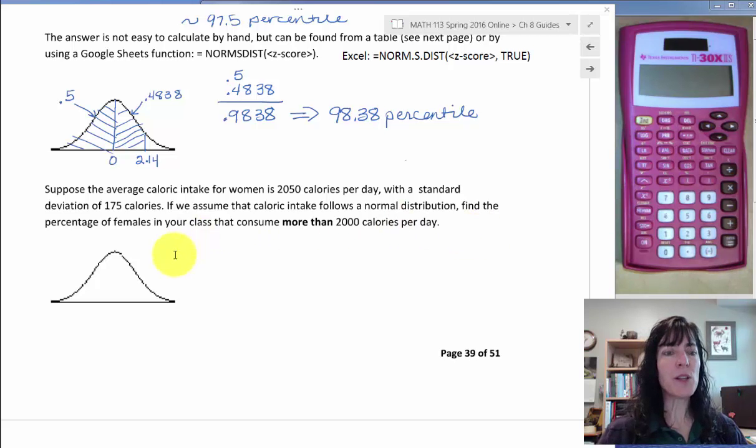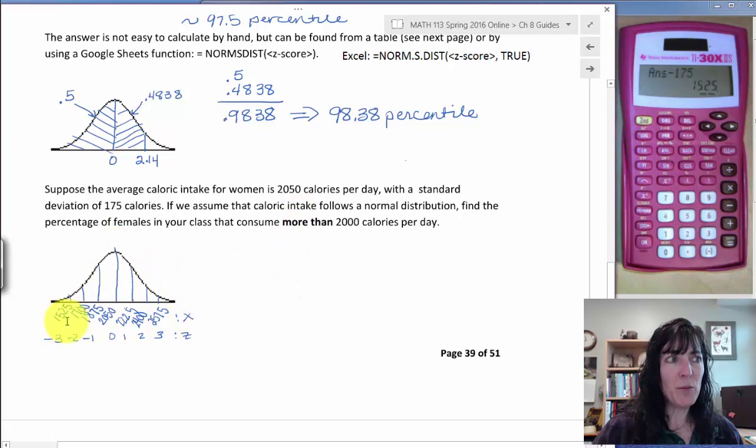So we can do this with our z-scores, and if we draw in our distribution, see if you can do that. All right, I've written in my x values and I wrote them sideways and I hope you can read them, but those are giving us the number of calories for each of our regular markers, the whole number of standard deviations away from the mean.